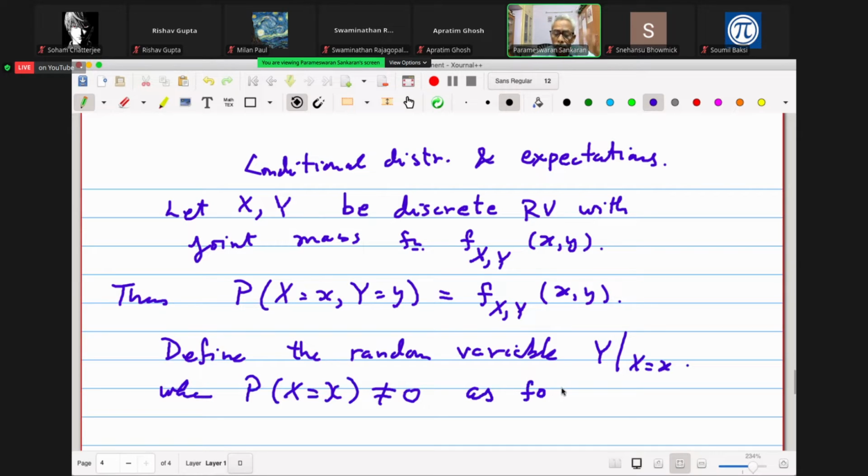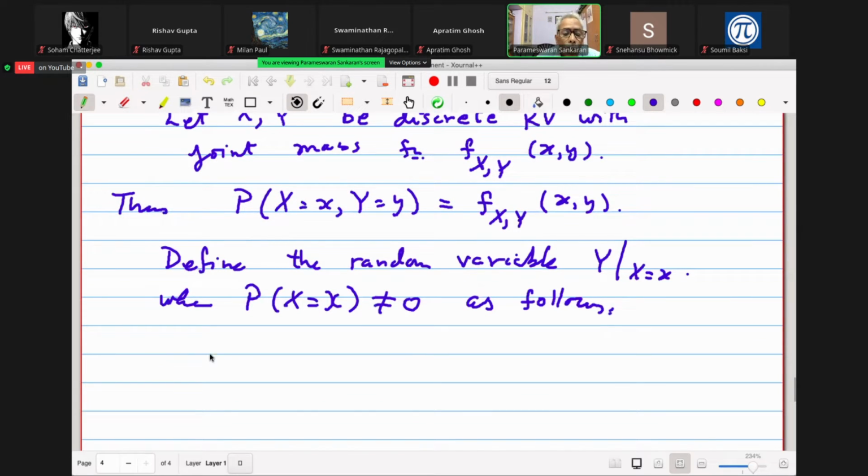This is exactly like how we compute conditional probabilities. So we need to know what is the probability of this being equal to y. This is usually written as the probability of Y equals y given that X equals x.